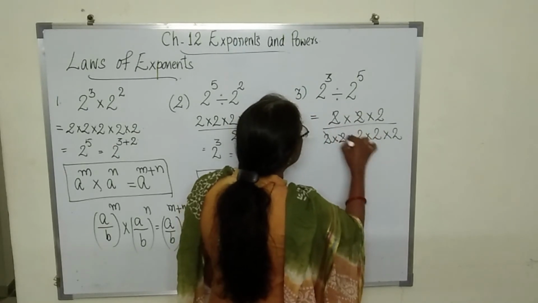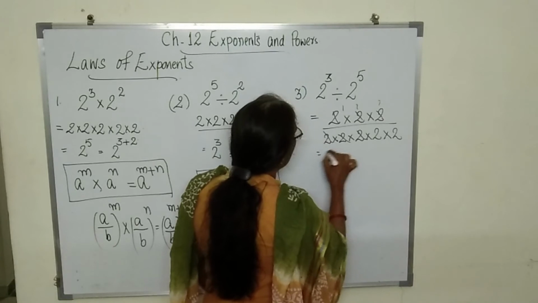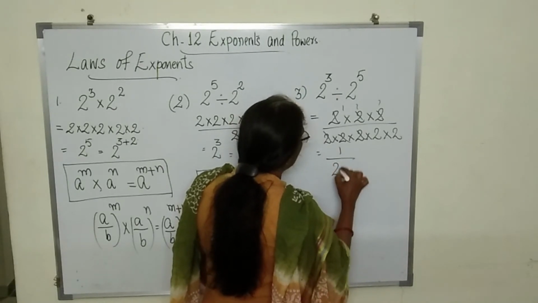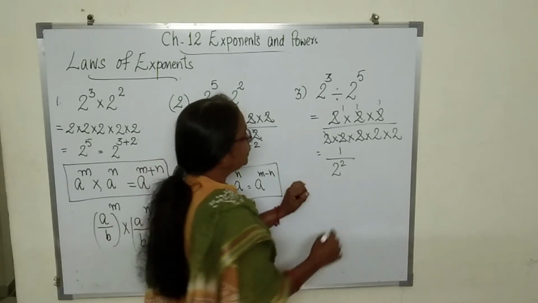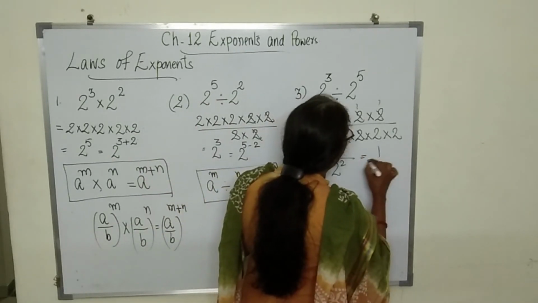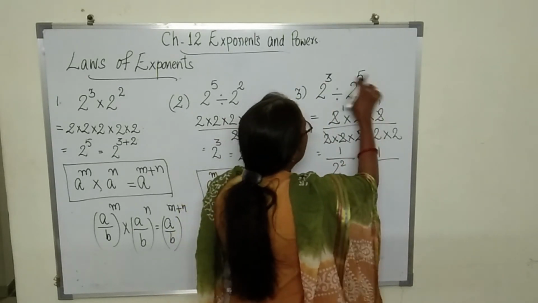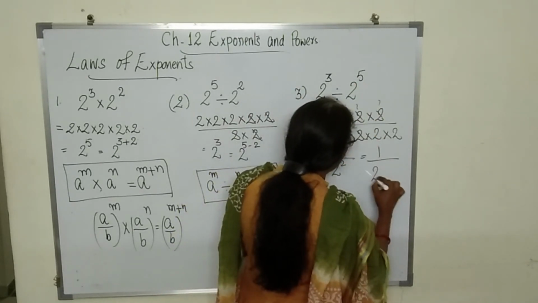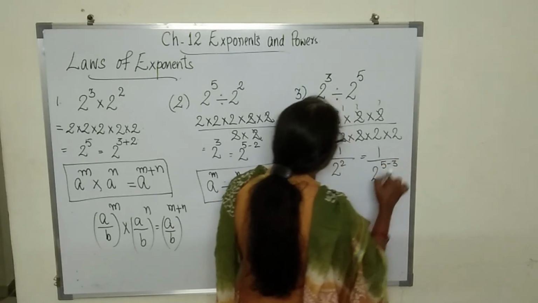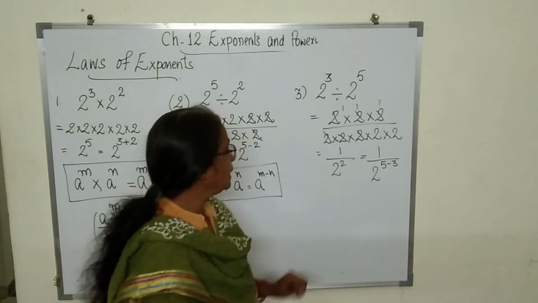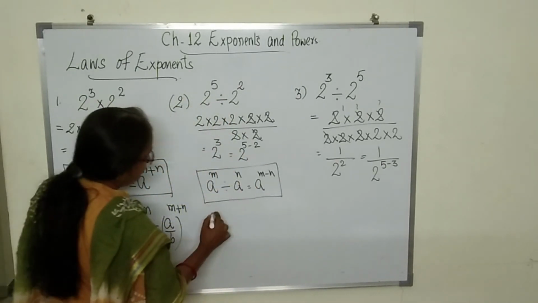In a similar way we cancel. So we got 1 upon 2 raised to 2, which is equal to 1 upon 2 raised to 5 minus 3.